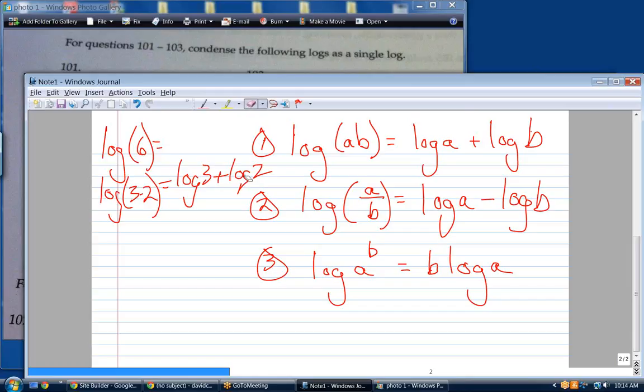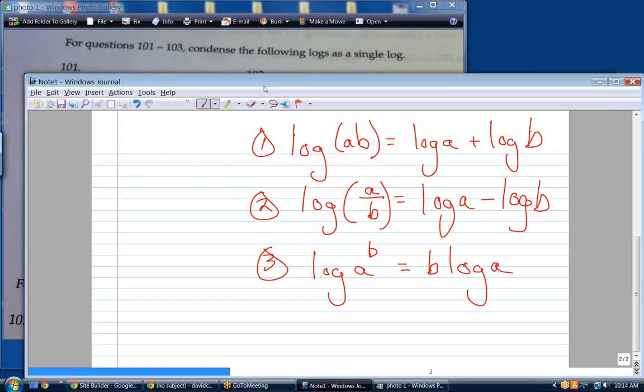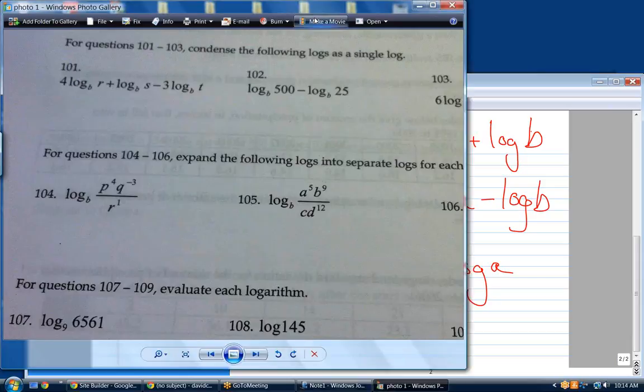And they want you to be able to go both ways. They want you to be able to expand it, or they want you to be able to condense it. Given the right half of this equation, they want to know you can put it into the log of 3 times 2 or the log of 6. Okay? All right, let's go through some of these problems, and I'll leave these rules up here.